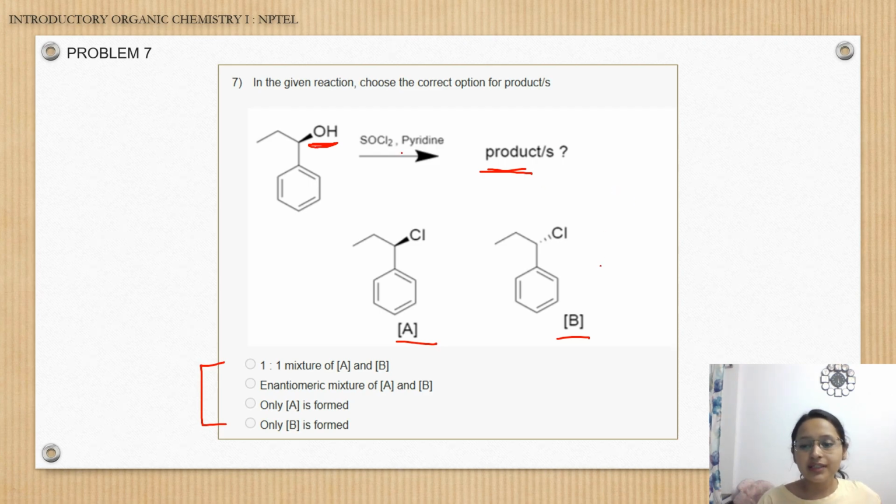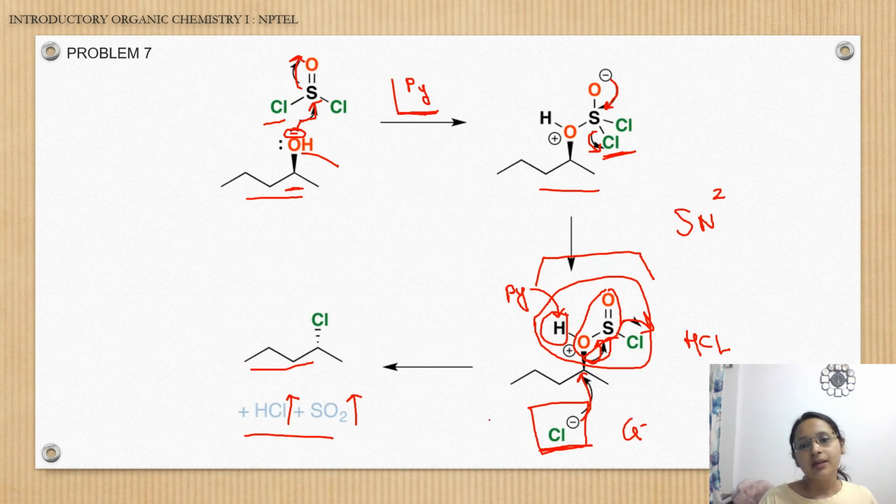Why? Because there is only one possibility for the attack of Cl minus, because it is an SN2-type reaction. I have told you that it is a very specific reaction. It is not like SN1 where you will have both the enantiomers in hand, but here you will end up having only one enantiomer as a product.